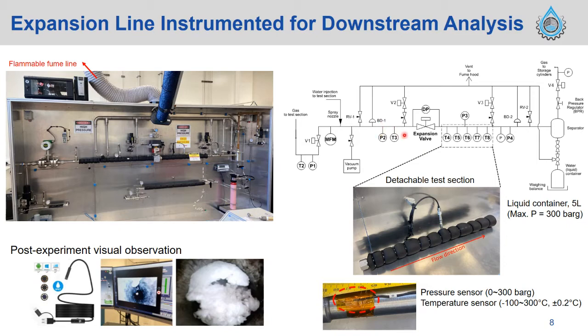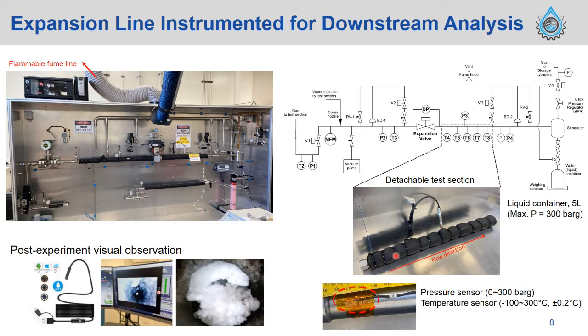With the expansion valve, we control the valve opening, and with the expansion, we can study the JT cooling. As I mentioned, there's a detachable test section on the downstream, and then we have one pressure sensor here, and also 5 different temperature sensors at different locations.